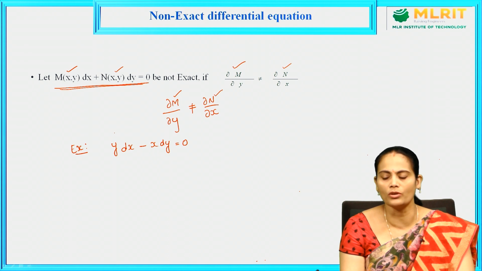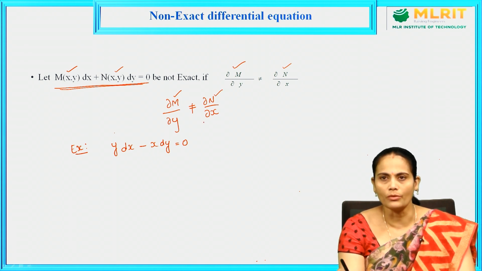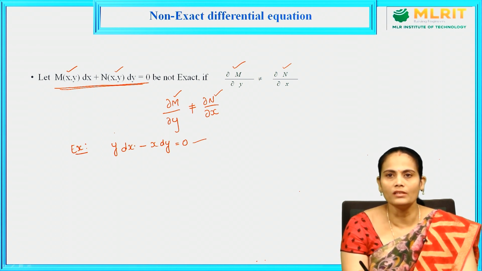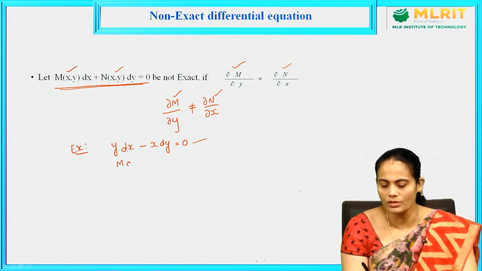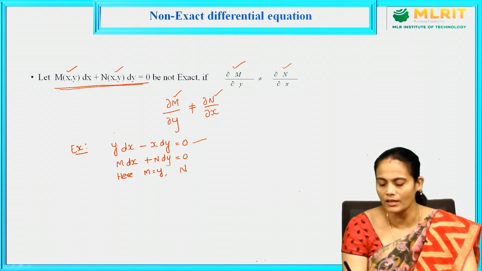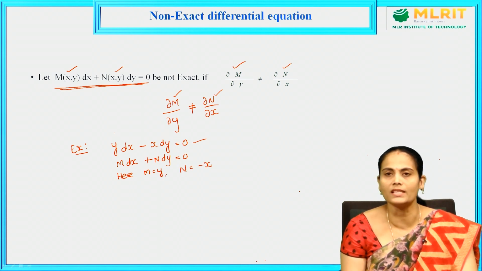If these two are not equal, then we can say this differential equation is non-exact. Comparing with the actual form of the differential equation, that is M dx plus N dy is equal to 0, here M is equal to y and N is equal to minus x.